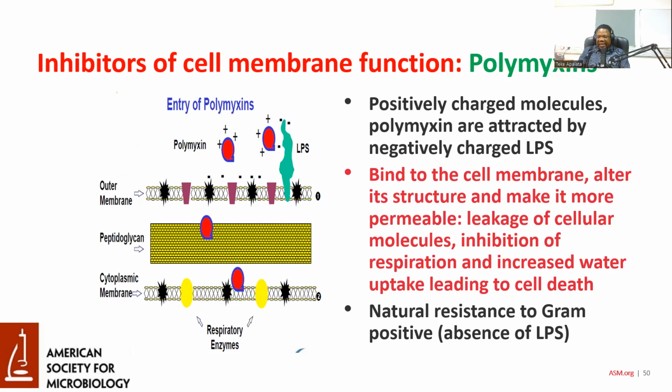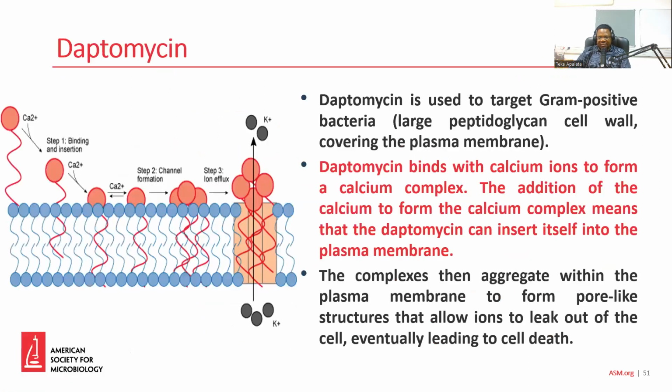There will be leakage of cellular molecules, inhibition of respiration and increased water uptake in the cell, which leads to cell death. So we spoke about natural resistance in gram-positives, because they don't have LPS.